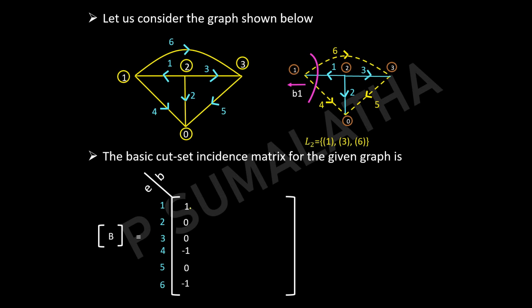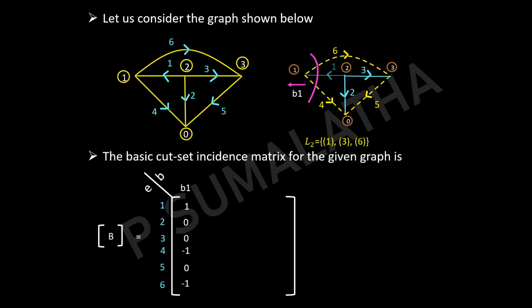Then Bij equals -1 means the element is incident to the basic cut set, but the direction is away from the cut set. So then it carries -1. The other elements are not incident to this cut set, so all these 3 values will be filled by zeros. So let us mark this as the basic cut set B1.